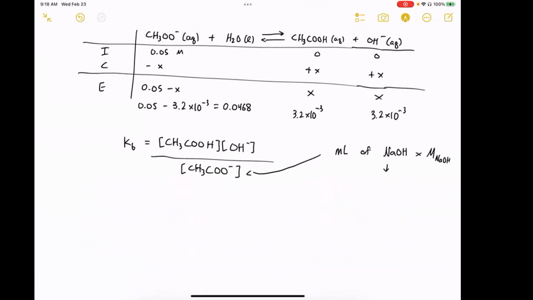It might not be 0.05, so you need to use the volume at the equivalence point to determine this.